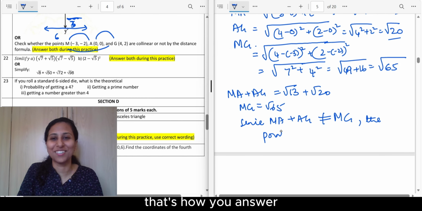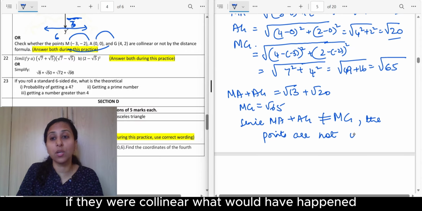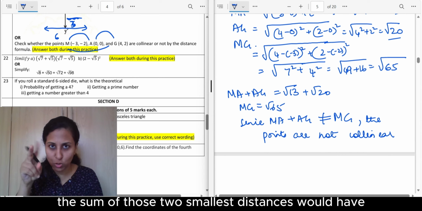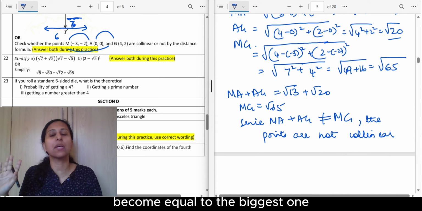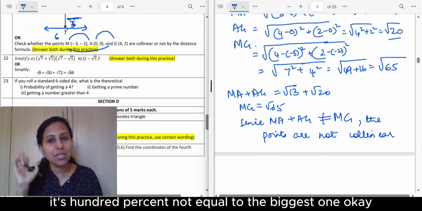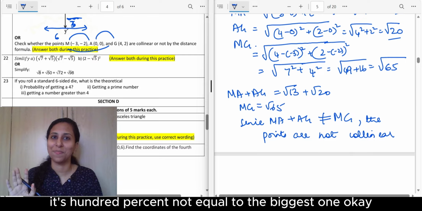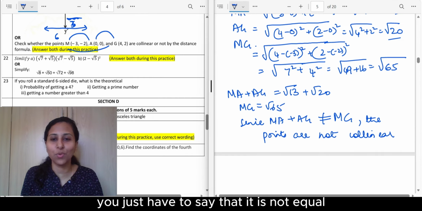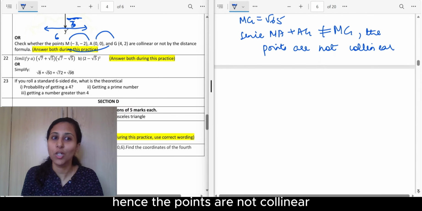That's how you answer. If they were collinear, the sum of those two smallest distances would have become equal to the biggest one. But here it's 100% not equal to the biggest one. So you don't have to do anything else. You just have to say that it is not equal. Hence, the points are not collinear.